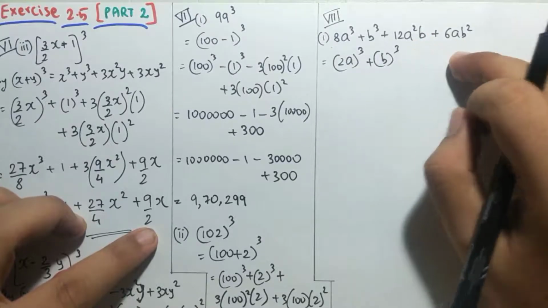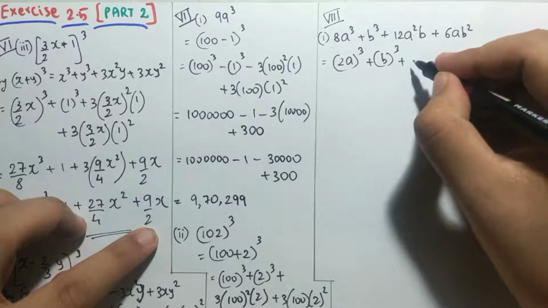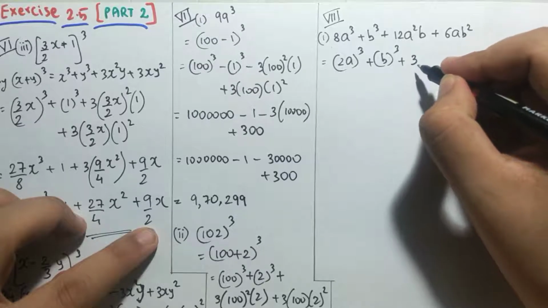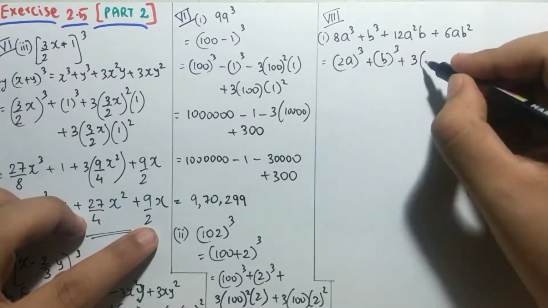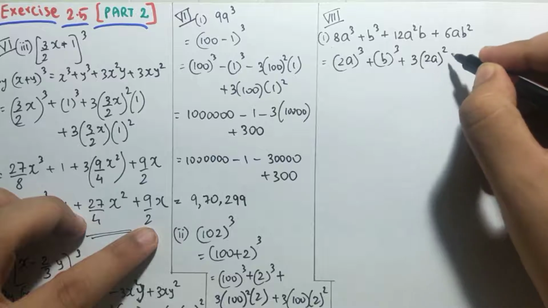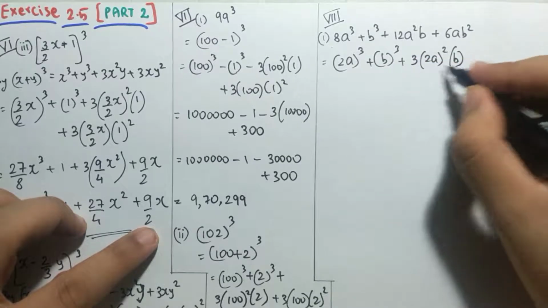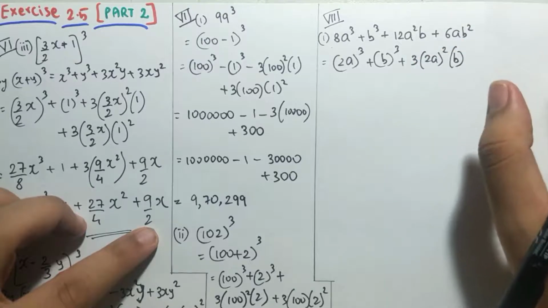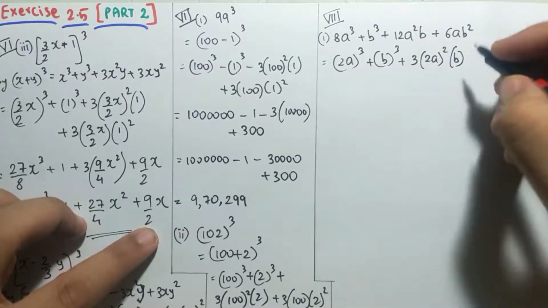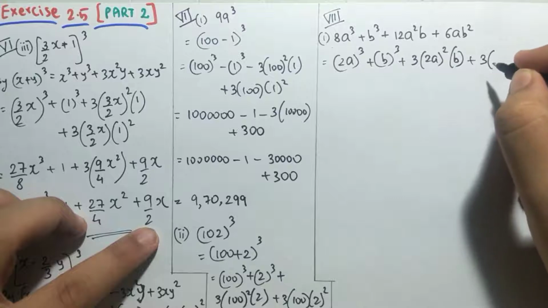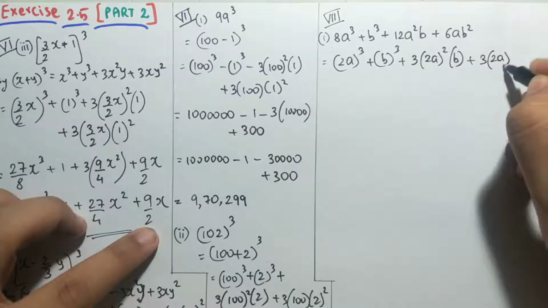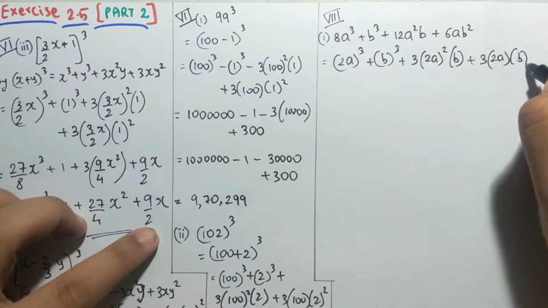Now neglect those two. Plus 3, this 3 will get multiplied with the square of the first term, that is 2a square, multiplied by the second term, that is b. Just write this blindly because you got the first 2 terms. Plus 3 multiplied by the first term, that is 2a, into the square of the second term, that is b square.